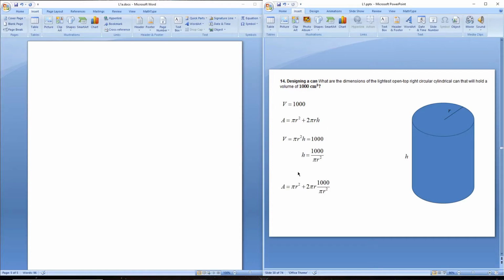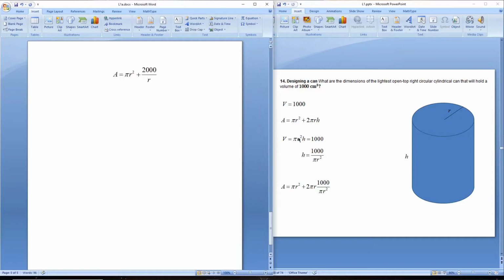And here it is. So here's our pi r squared at the bottom. Here's our 2 pi r, the circumference of the circle. And then the height of our cylinder is going to be 1,000 over pi r squared. Let's substitute that in. So the first thing I would do with that is clean up our area function.